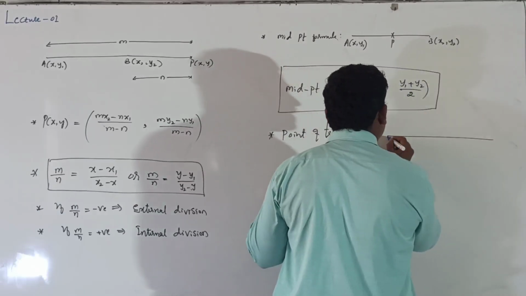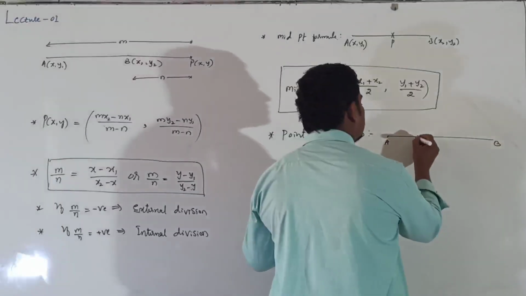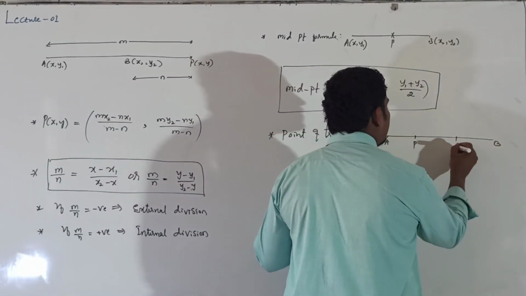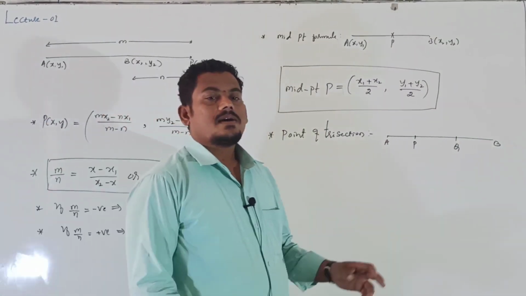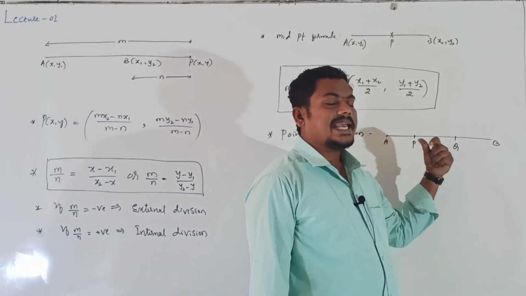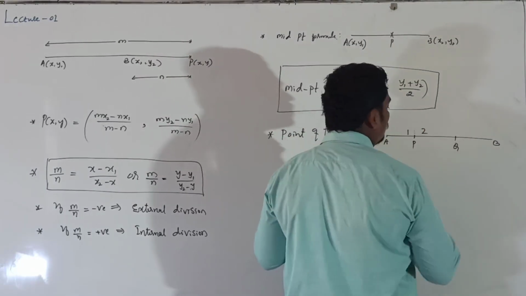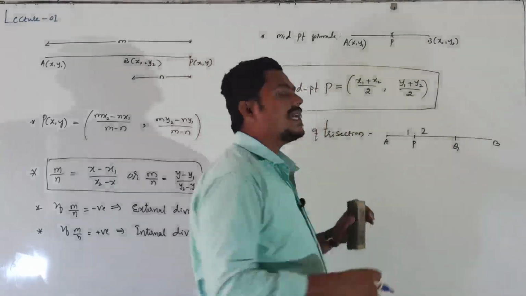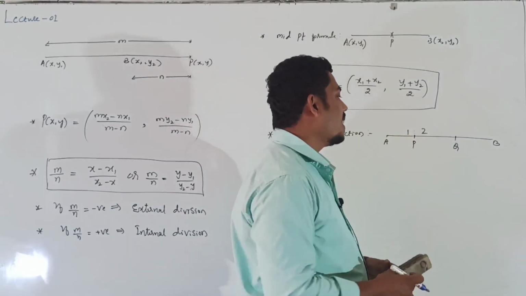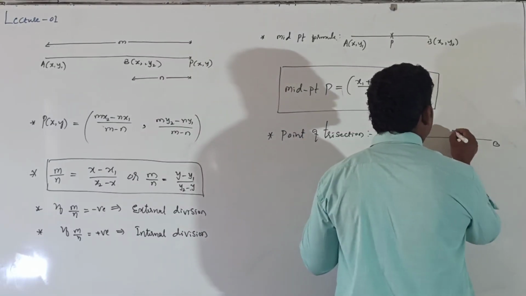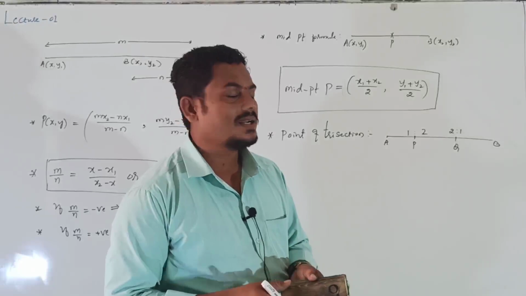Just take 2 points A and B. One of the points is P, the other point is Q. If point P divides AB internally in the ratio of 1:2, and Q divides AB in the ratio of 2:1, both are internal divisions, because lying in between AB means internal division.